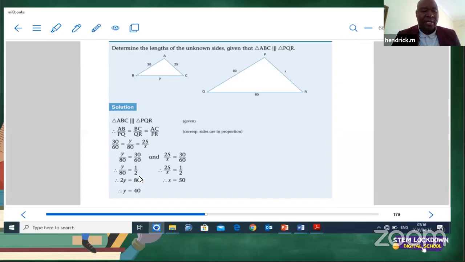And of course, you can multiply out the left hand side by 80 and the right hand side by 2. Whatever you do in the left hand side must be done in the right hand side as well. Now the value of Y is 40 and the value of X would be 50 at this point.